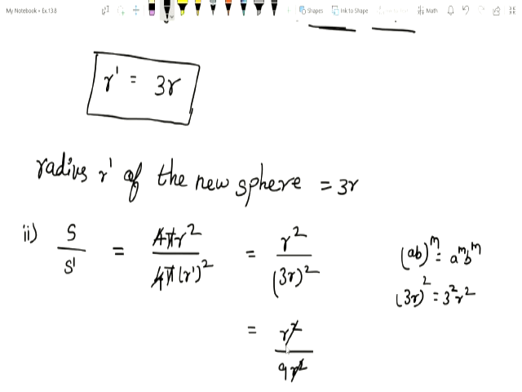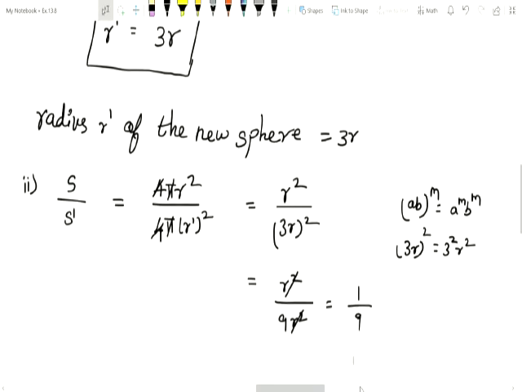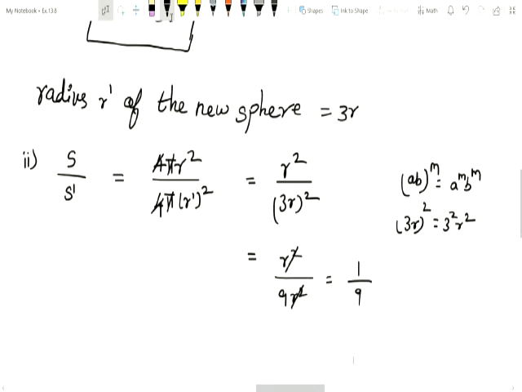Now the r square cancels, so 1 by 9. Therefore the ratio of S and S dash is 1:9. You understand, children?